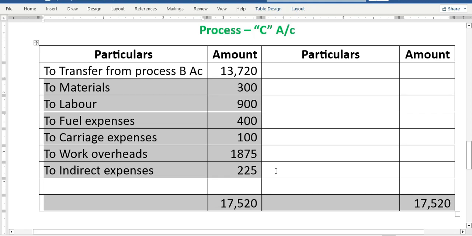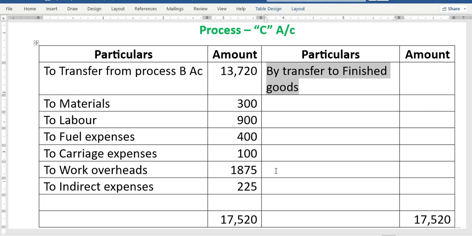Since process C is the last process and its account is over, here we should not enter by transfer to process; we are supposed to enter it as by finished goods. By transfer to finished goods, it's 17,520. As I repeated already, in this sum there is no loss or wastage, so we will not get any abnormal loss or abnormal gain.